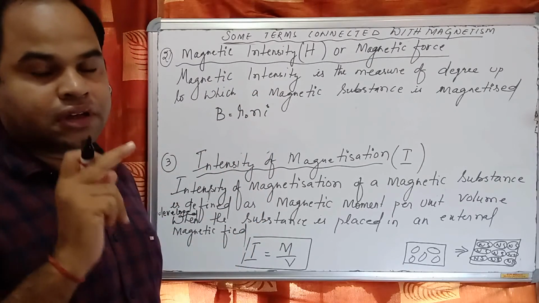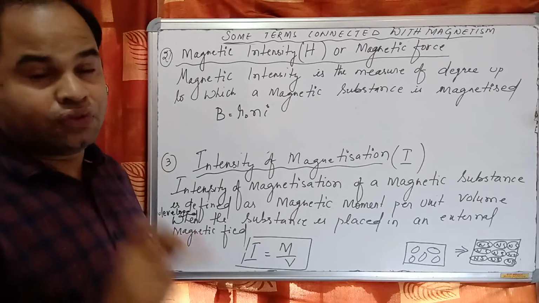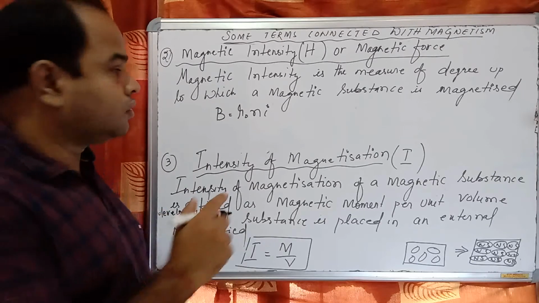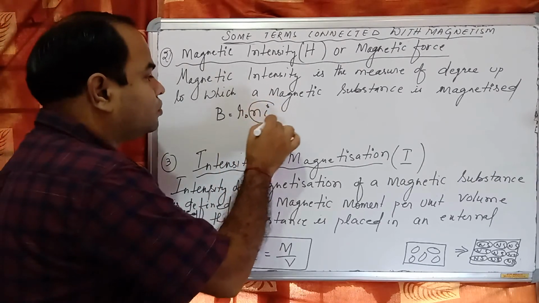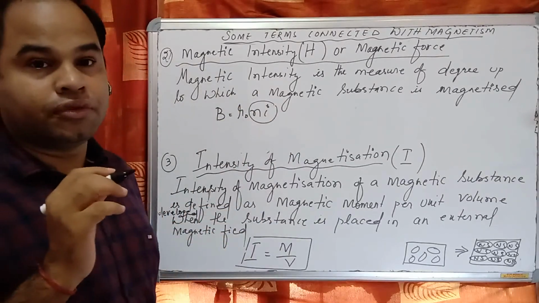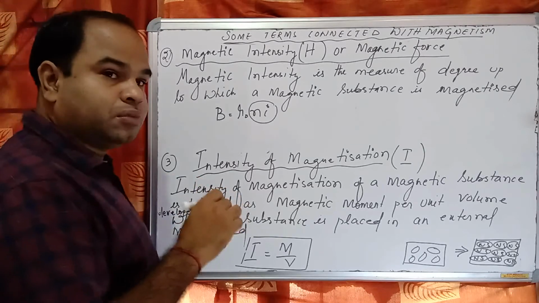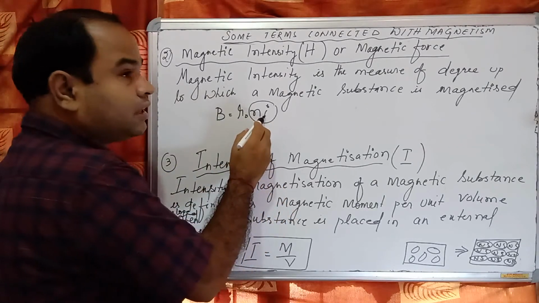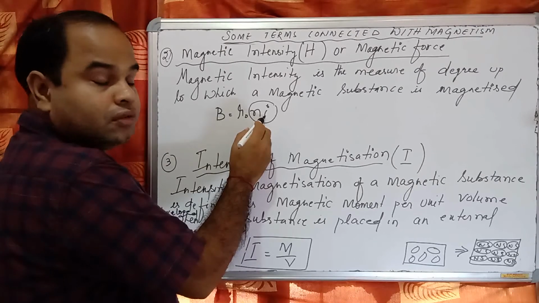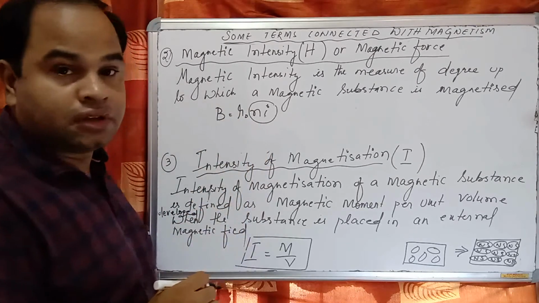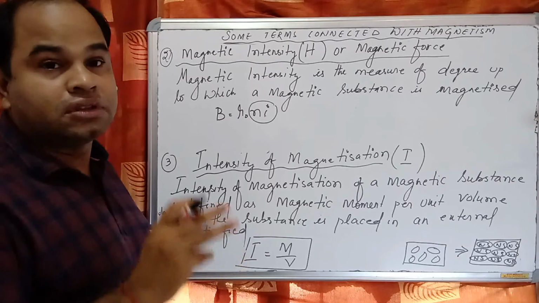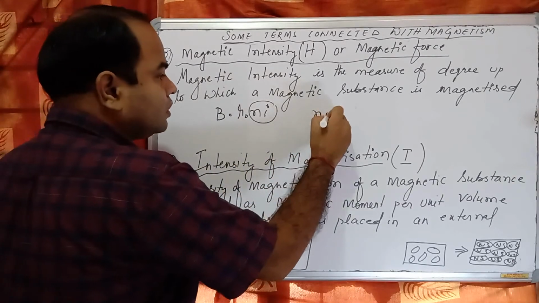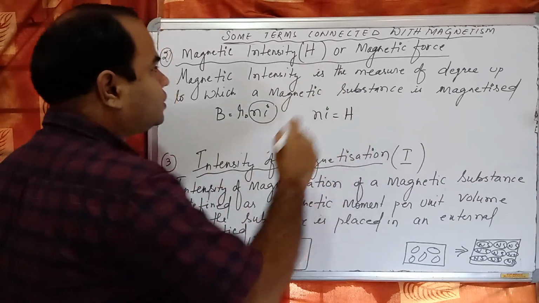The current flowing in the loops of the solenoid produces the magnetic field lines. So this term is called H, that is magnetic intensity.